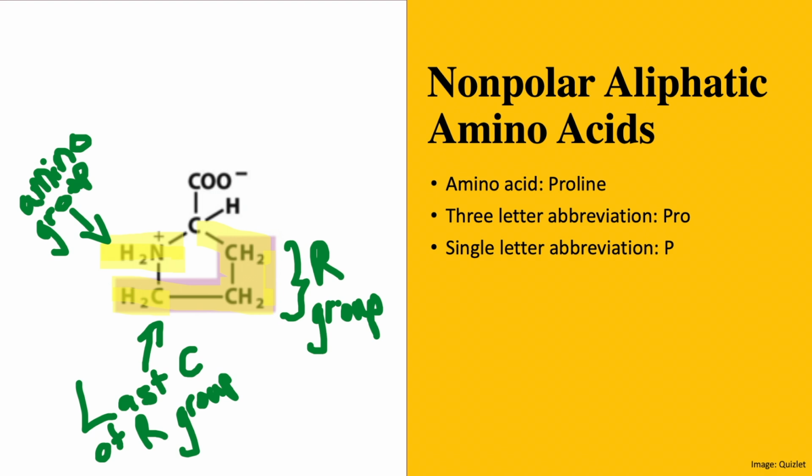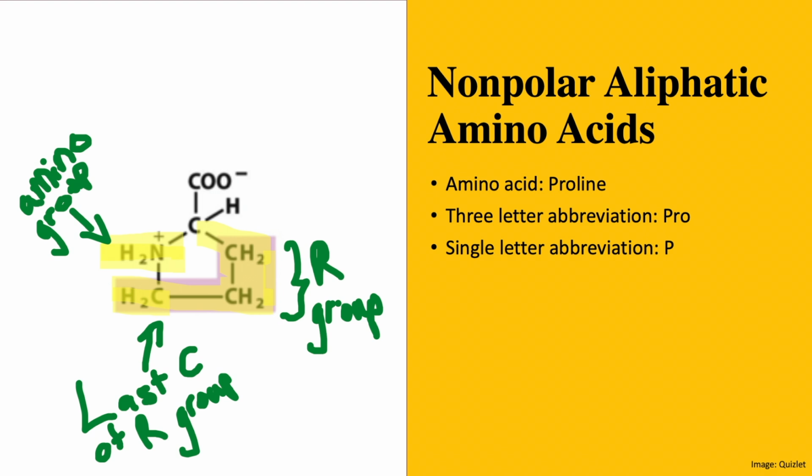The great thing about the MCAT is that it is a multiple choice exam, so you don't necessarily need to be able to recreate amino acids exactly as is. You just need to be able to identify the structure. Since this is the only amino acid that has an R group connected to the main amino group, it's quite easy to identify it.